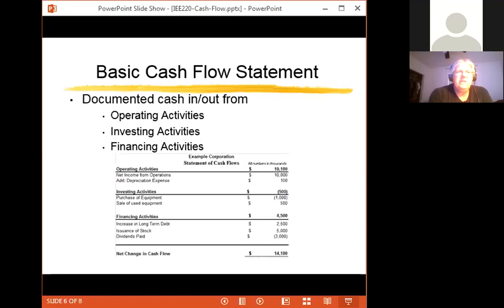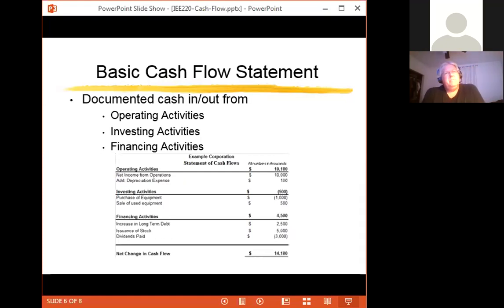So this particular statement shows that we better find $500 or $500,000, as the case may be here, in money through either borrowed or new investment in the company or from the operating income.